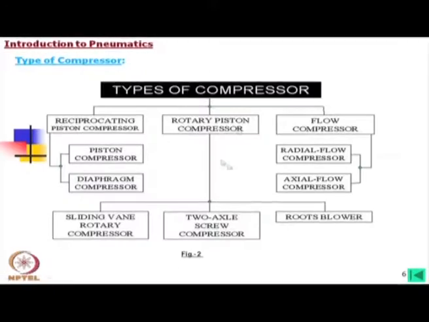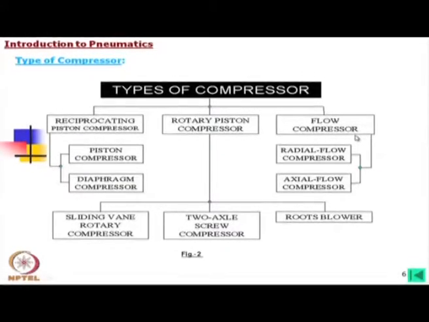Whereas in rotary pistons, you will find the area is varying, like the gear pump, the lobe pump, etc. Then this rotary compressor, again the sliding vane rotary compressor, the two-axle screw compressor, like gears etc., also fall in this category, and the roots blower.